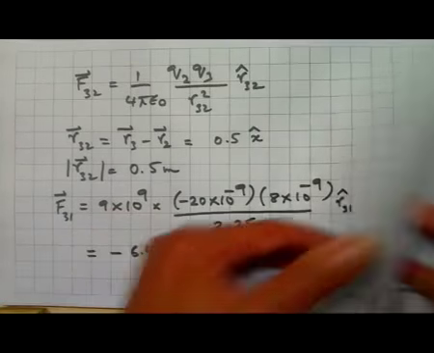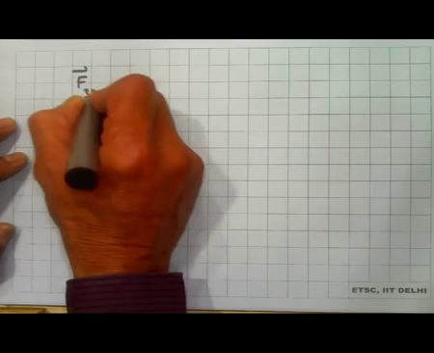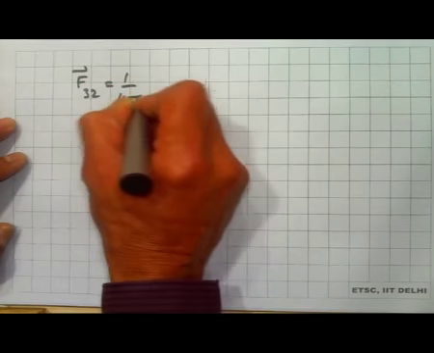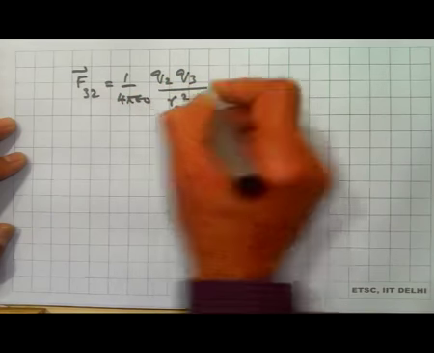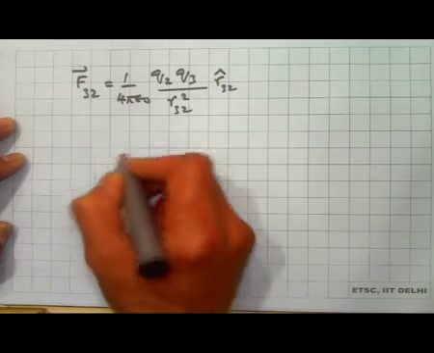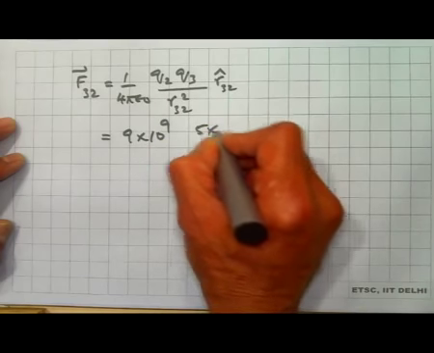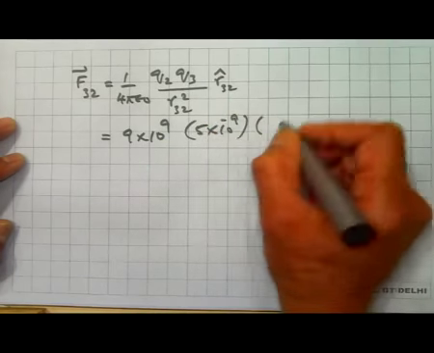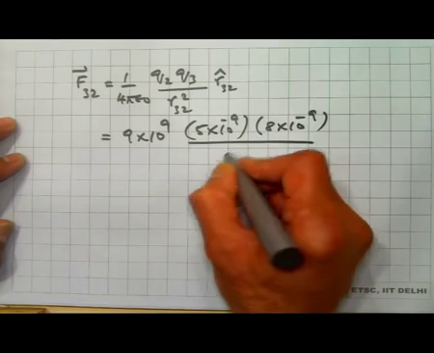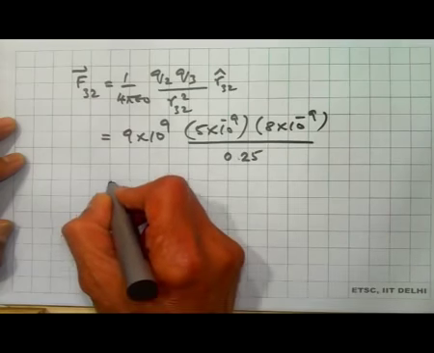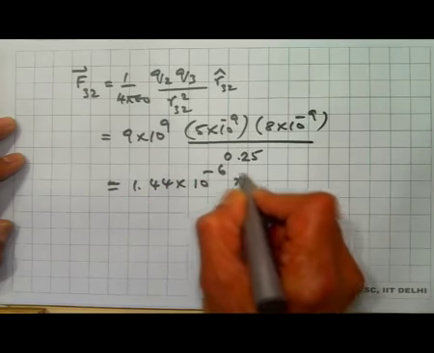What about F32? Let us calculate that. F32 is equal to 1 by 4 pi epsilon 0 q2 q3 by r32 square, r32 unit vector, which is equal to 9 into 10 to the power 9, q2 is 5 nanocoulomb and q3 is 8 nanocoulomb, divided by 0.5 square, which is 0.25, and this comes out to be 1.44 into 10 to the minus 6 x cap Newton.